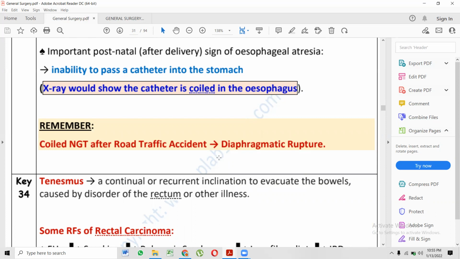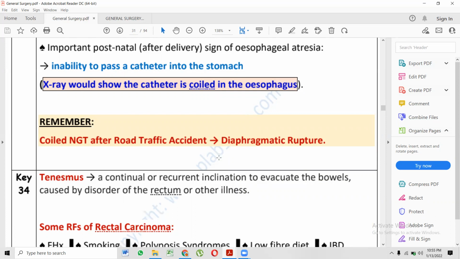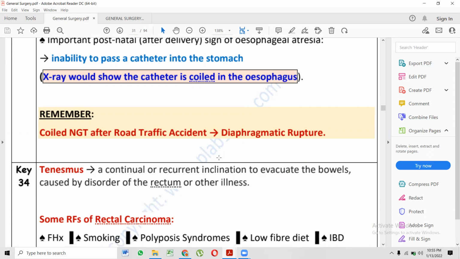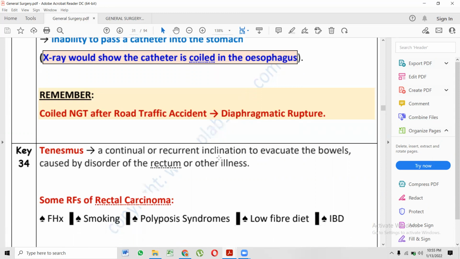Because rectal carcinoma can cause tenesmus as well as inflammation of the rectum can also cause tenesmus. So these are the two important diseases which you need to remember in which tenesmus can be present. One is colorectal carcinoma or rectal carcinoma, and the other one is ulcerative colitis.